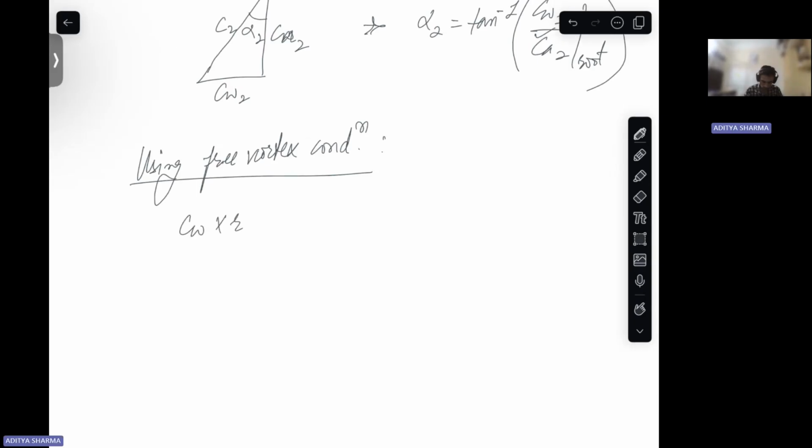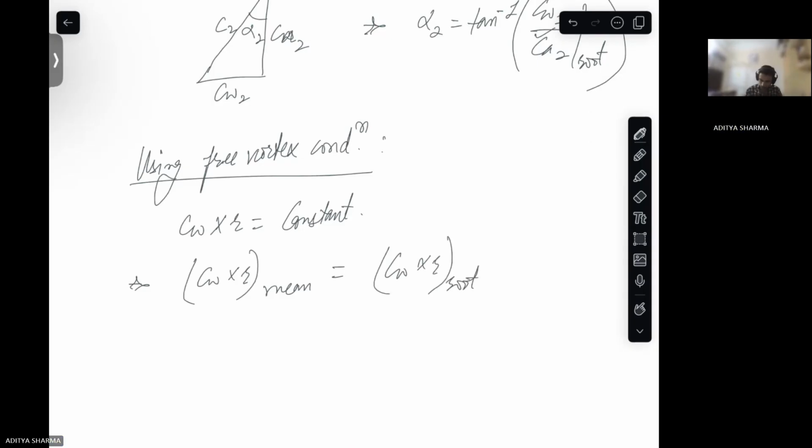CW R is equal to constant. Implies CW R for your mean position, CW R for your root, CW R for your tip is same.